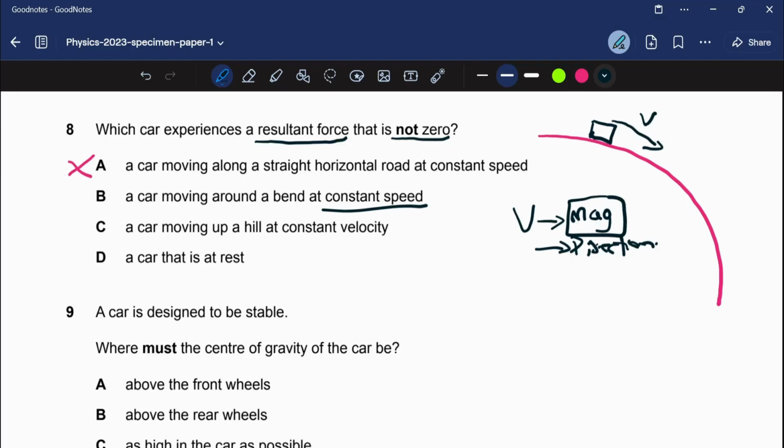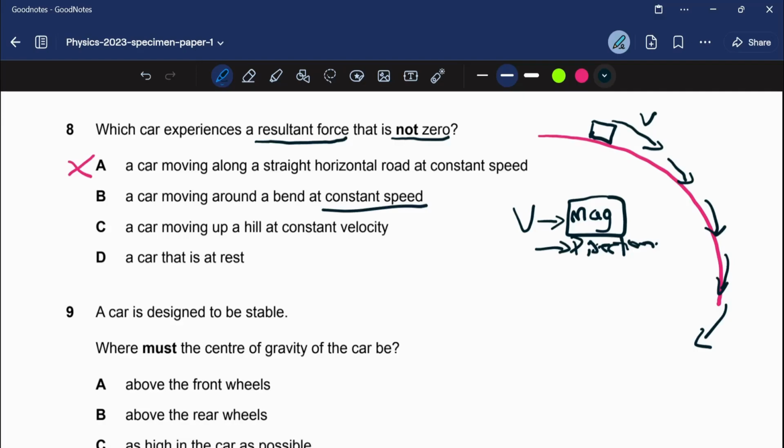But what about the direction? Does the direction change or not? When the car is moving around the bend, the direction of the velocity keeps on changing, this way and then this way and then this way. The magnitude is not changing, but the direction is.